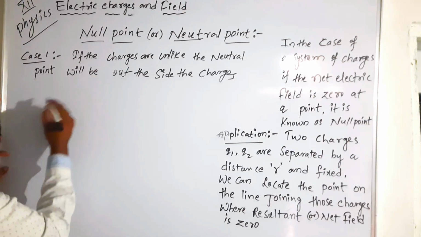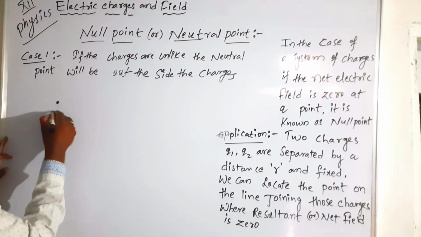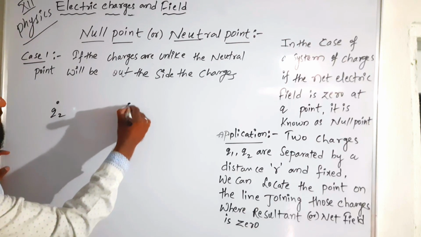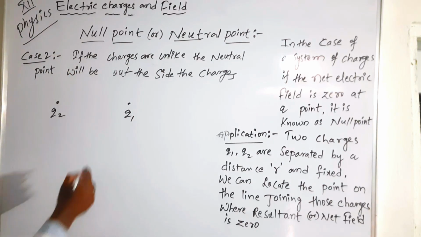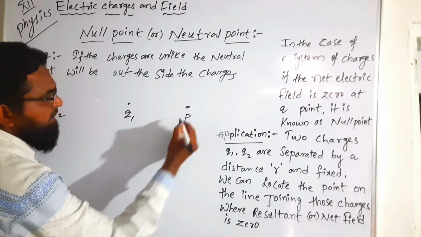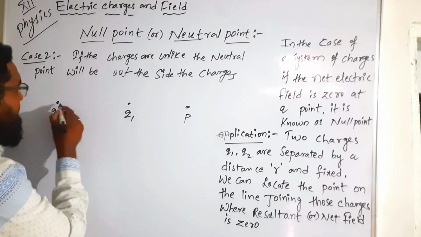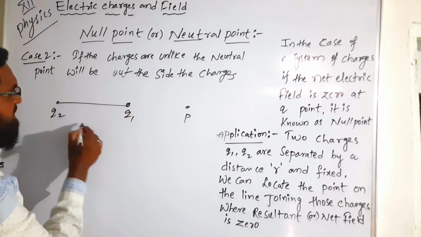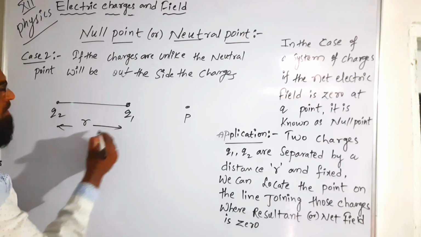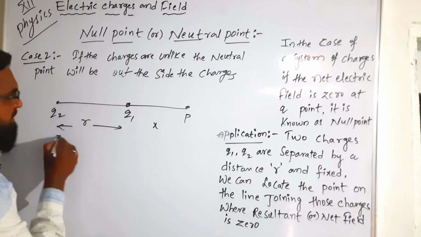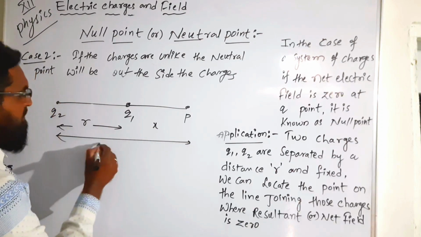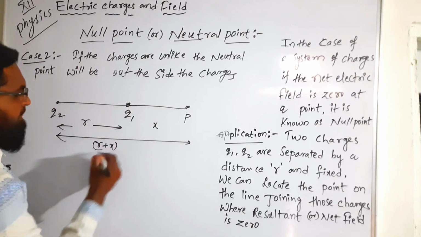So for example, let us take two charges Q2 and Q1. I am talking about case 2, students. Q1 and Q2, with point P outside. Actually the distance between these two charges is R and the distance from Q1 to P is x. The total distance up to Q2 is R plus x.